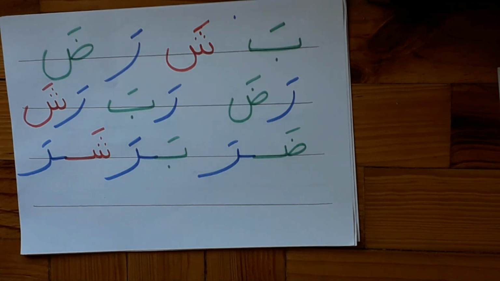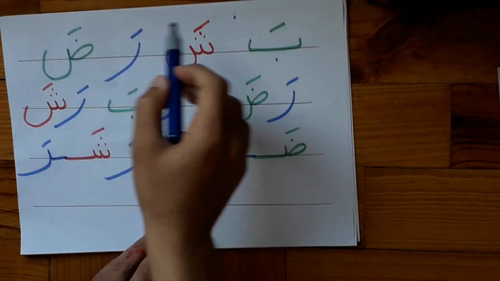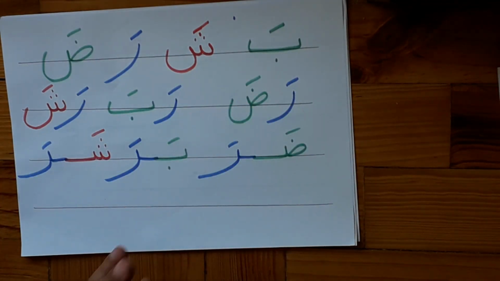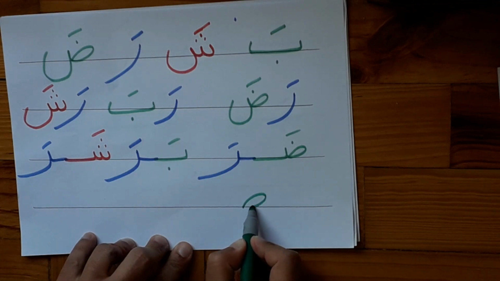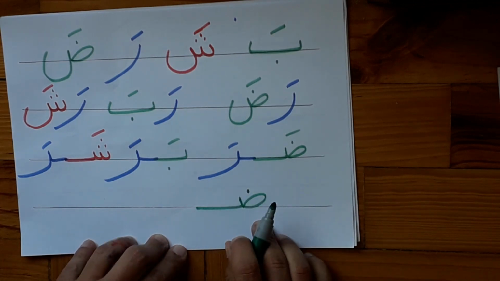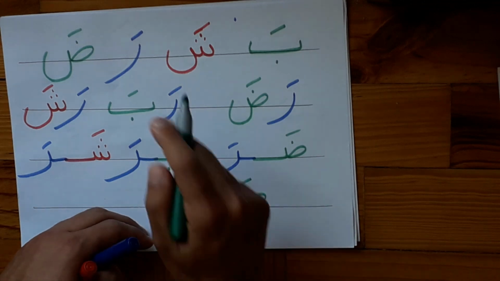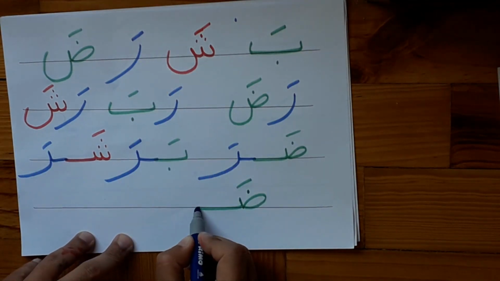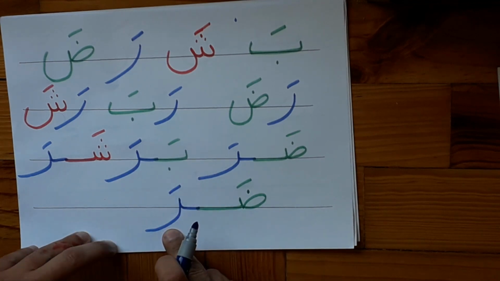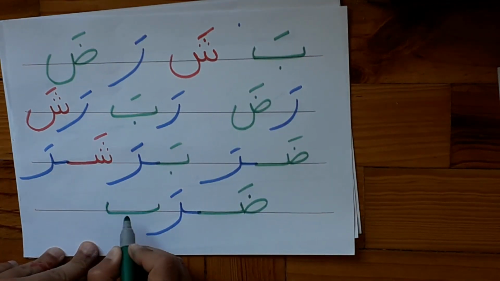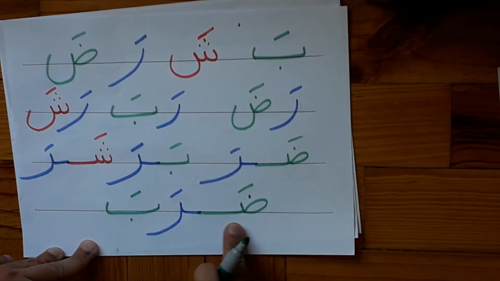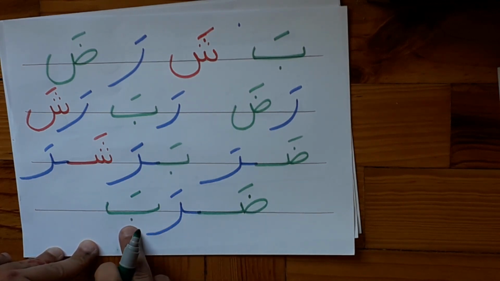And now let's make one word out of these letters, but the surprise, this word makes sense. Okay, so let's start with da, ra, ba.